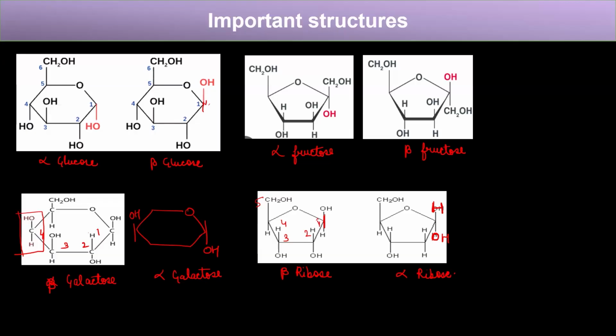Now, the next thing that we will study is reducing and non-reducing sugars. So what are reducing and non-reducing sugars? As we know, the term reducing means it is reducing something, or causing the gain of electrons from somewhere, right?